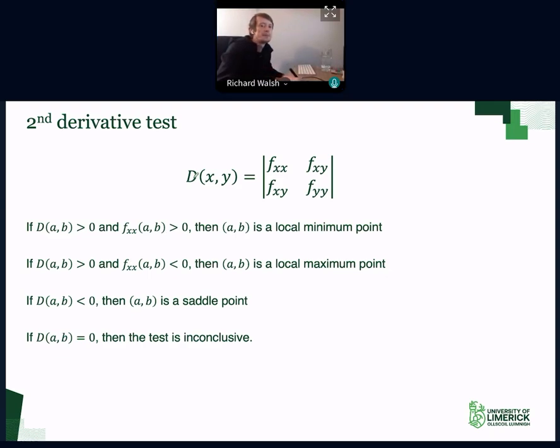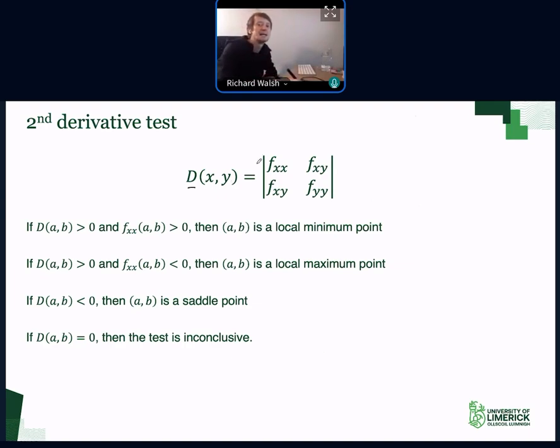So to carry this out, we need to find this D operator, which is, as I said last week, if you see vertical lines around a matrix, it signifies the determinant, right? So square brackets or rounded brackets around a matrix is just a matrix. Vertical lines around a matrix signify the determinant.